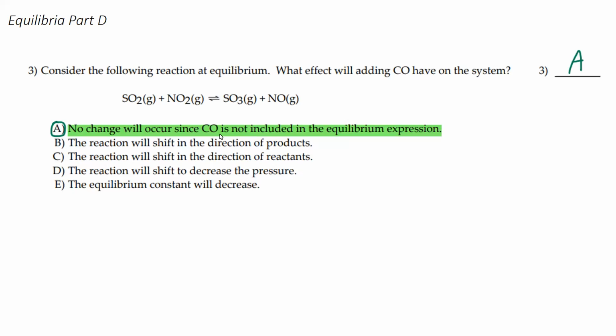K is products over reactants, NO times SO3 divided by NO2 times SO2. Since CO is not part of that, it's not going to do anything to the reaction. So no change will occur.